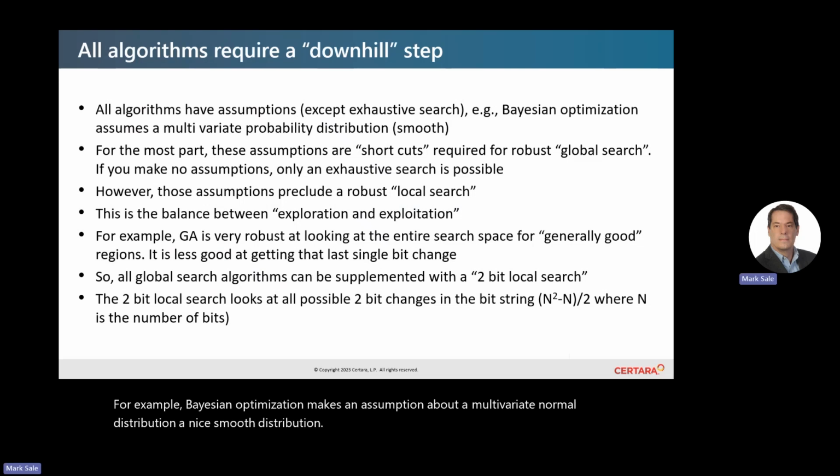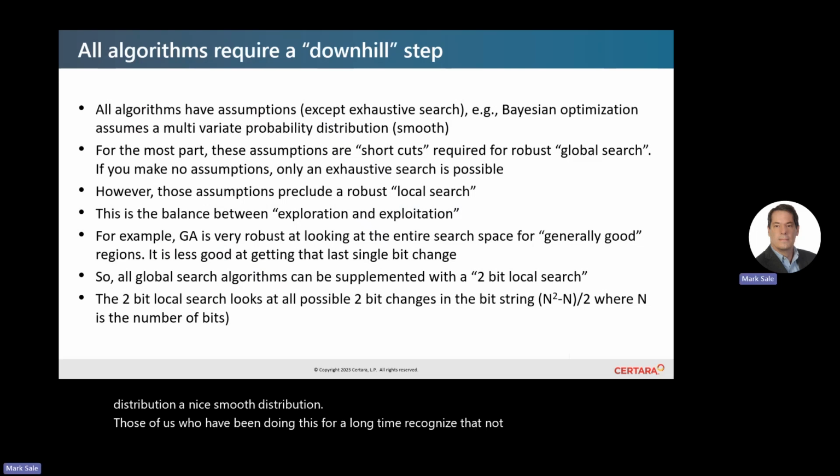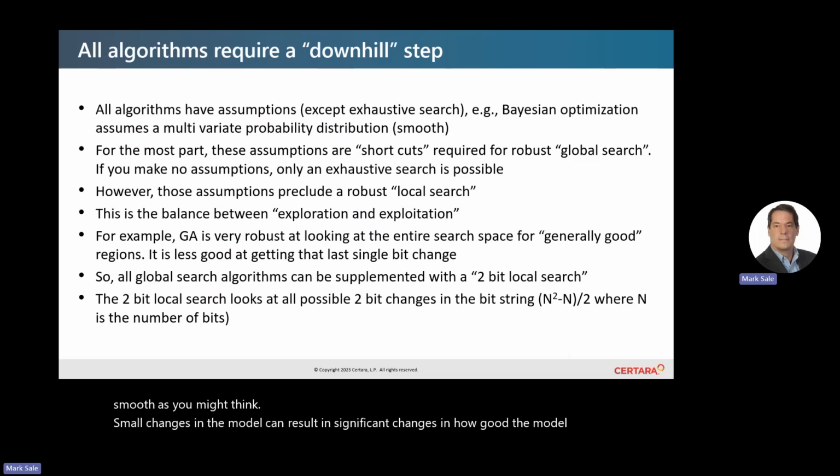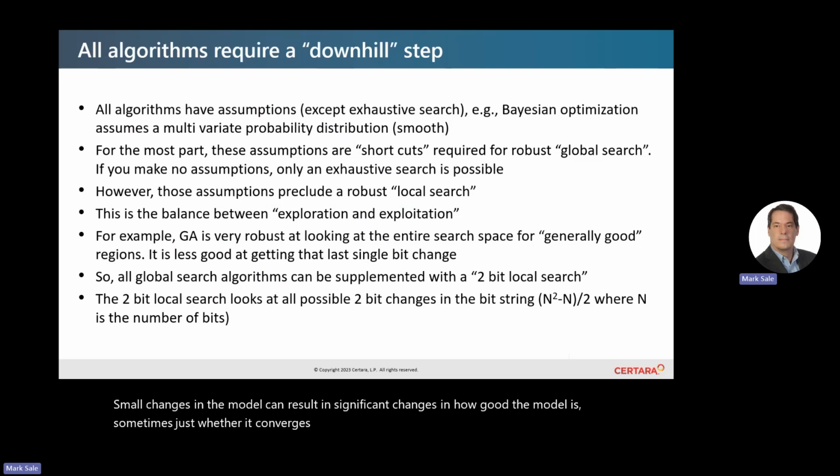Those of us who have been doing this for a long time recognize that not uncommonly, the relationship between the model and the fitness, or the goodness of the model, is not as smooth as we might think. Small changes in the model can result in significant changes in how good the model is. Sometimes it's just whether it converges or whether it's a successful covariance step, but also small changes can result in significant improvements in the objective function.